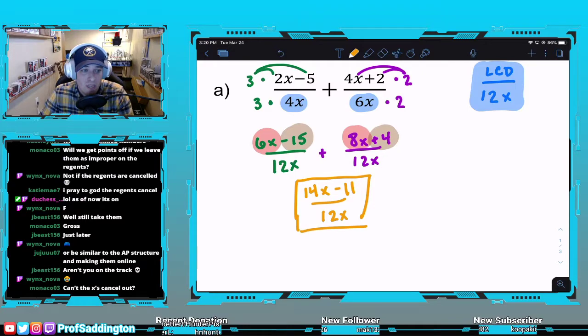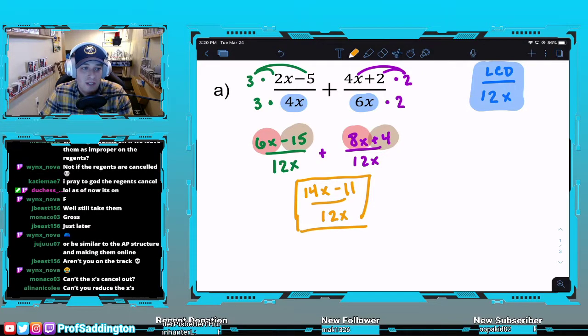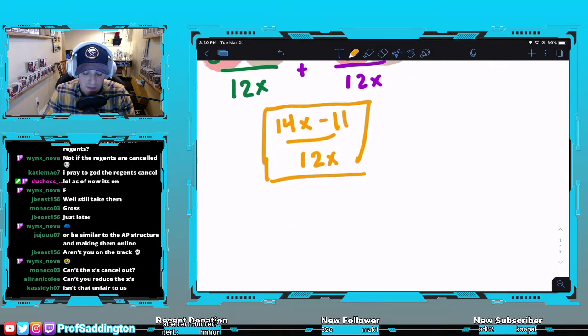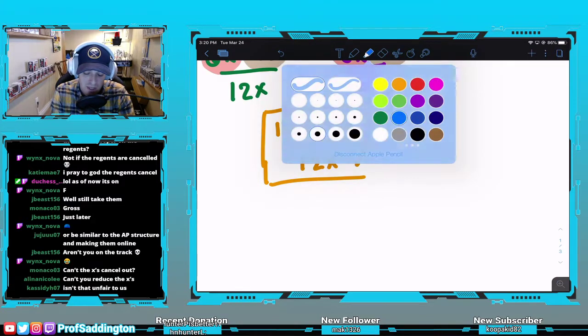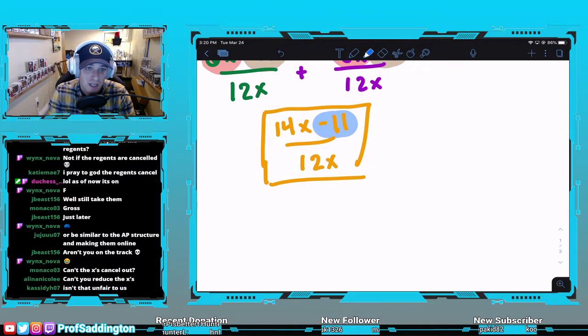Ella, you can only cancel them out if everything is factored down. So if this said 14, this minus 11, that's right here, this minus 11 right here, it's married to that 14x.